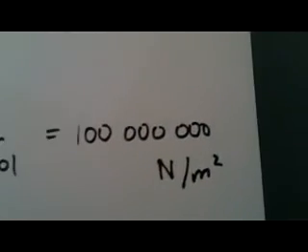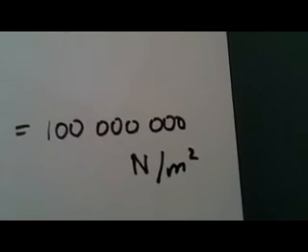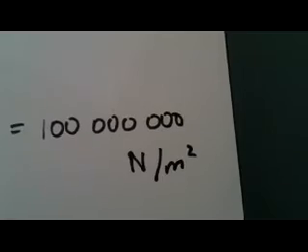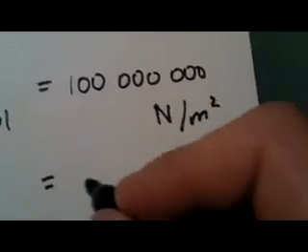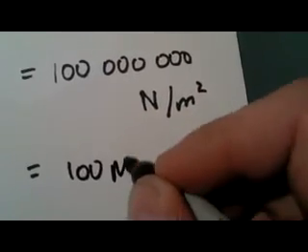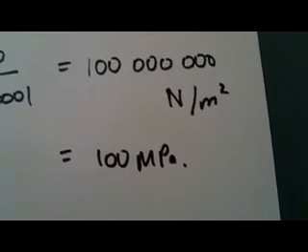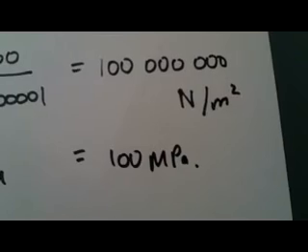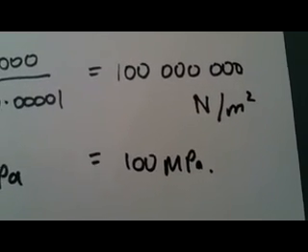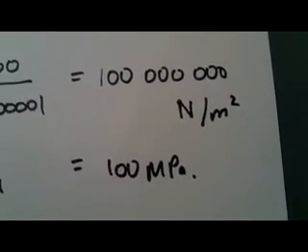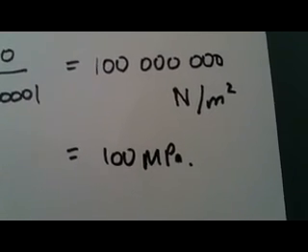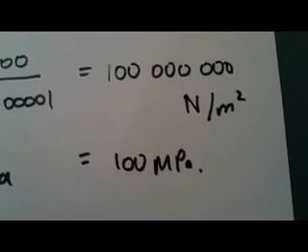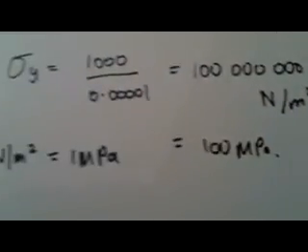So 100 million, mega means a million, so 100 million newtons per meter squared is 100 megapascal. So all these values, when you work out the stress, UTS in a minute, the stress value should be in the hundreds. If you've got thousands or tens, then you've gone wrong somewhere. So they should all be in the hundreds. Okay, hopefully that's clear.